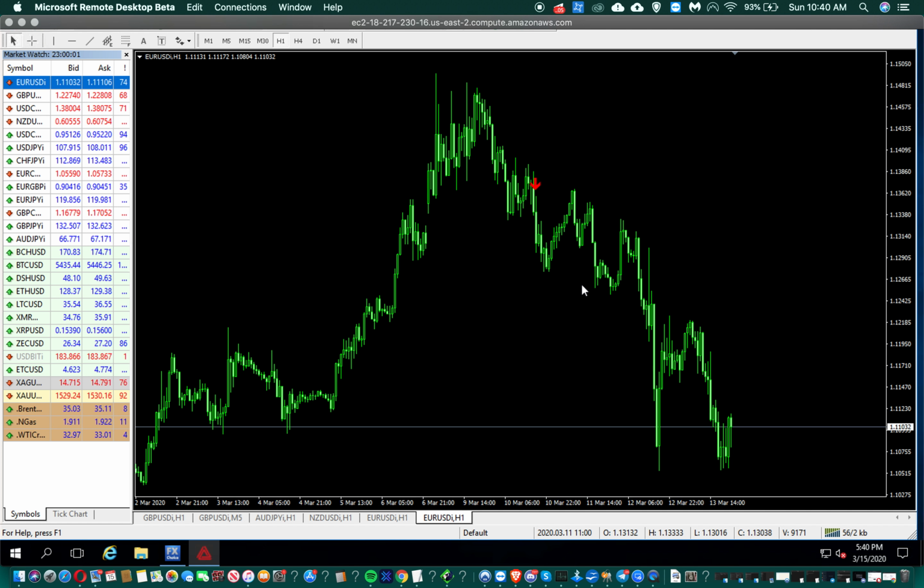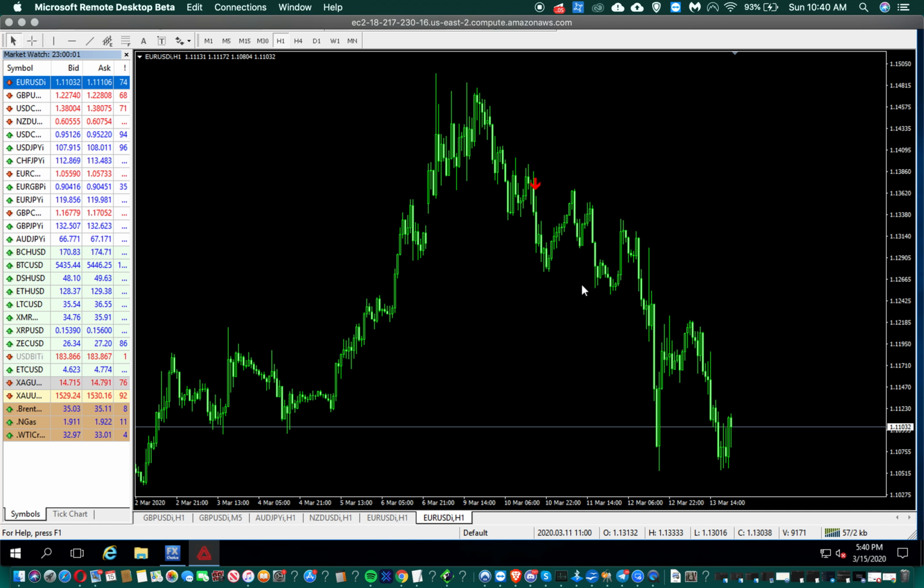Most indicators don't work, if not all, and even price action is very difficult on smaller time frames. So the hourly time frame, in my opinion, is the best time frame to use with this indicator. So all the videos I'm going to show you are on the hourly time frame.